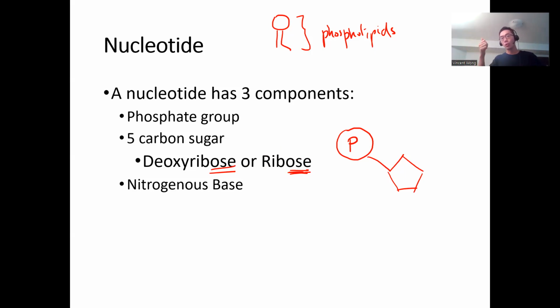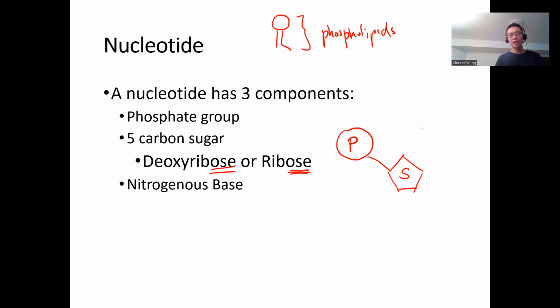Glucose, fructose, sucrose, maltose, galactose, lactose, all these OSE words are sugars. So ribose and deoxyribose are just another kind of sugar, and they have 5 carbons in the ring.